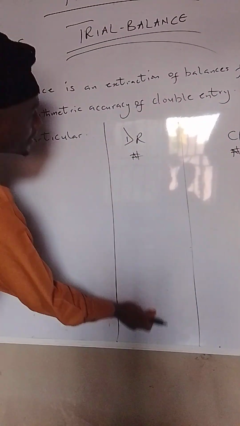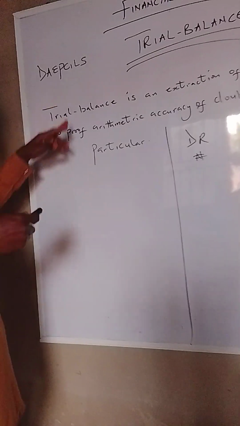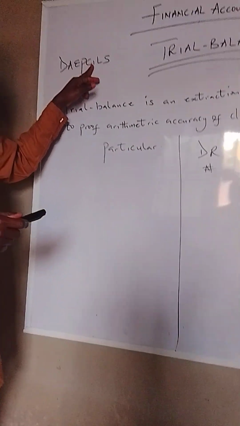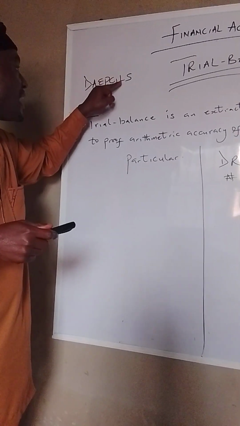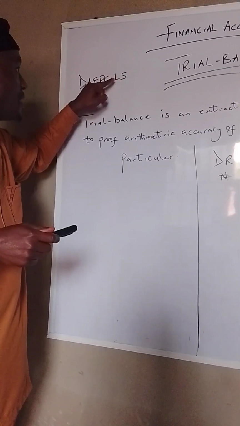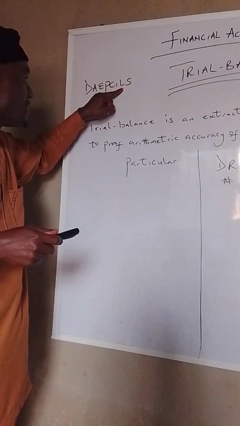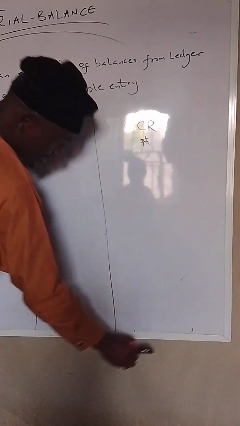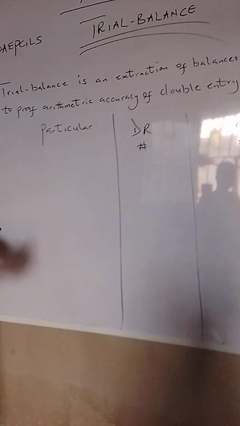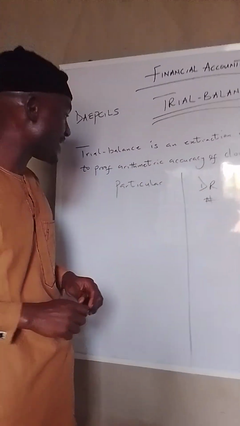It must be at this side. But anything income, liability, and sales must be at the credit side. Those are the rules that you and I must understand in accounting.